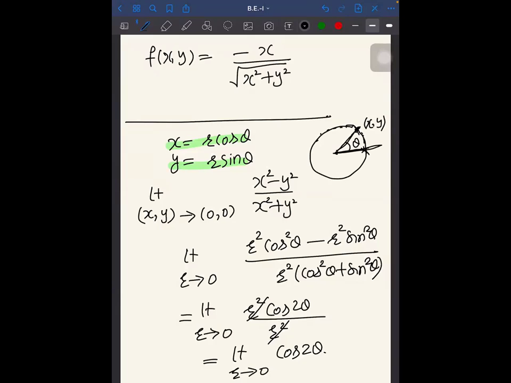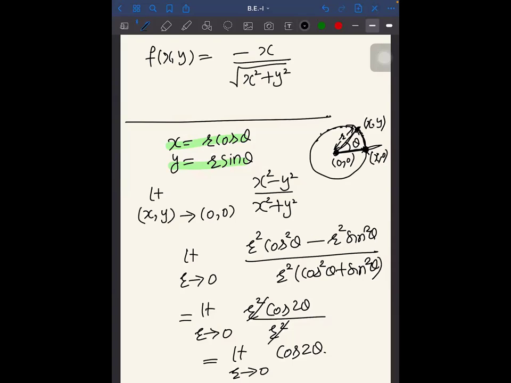But let's say you want to go to the point (0, 0), right? So the only thing you want is that this r should go to 0. You don't need θ to be 0, because if your θ is 0, then of course you may reach over here as well. यहाँ आ जाओगे ना तुम x-axis पर, ये भी तो θ 0 वाला point ही हुआ। Are you getting this? Yes, sir.